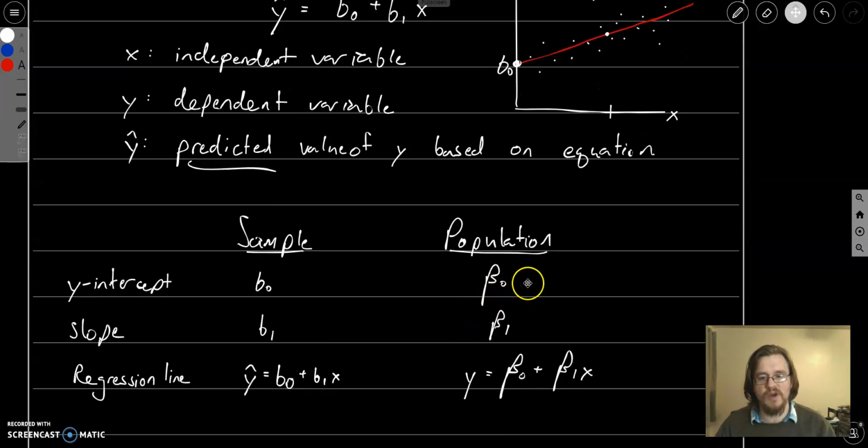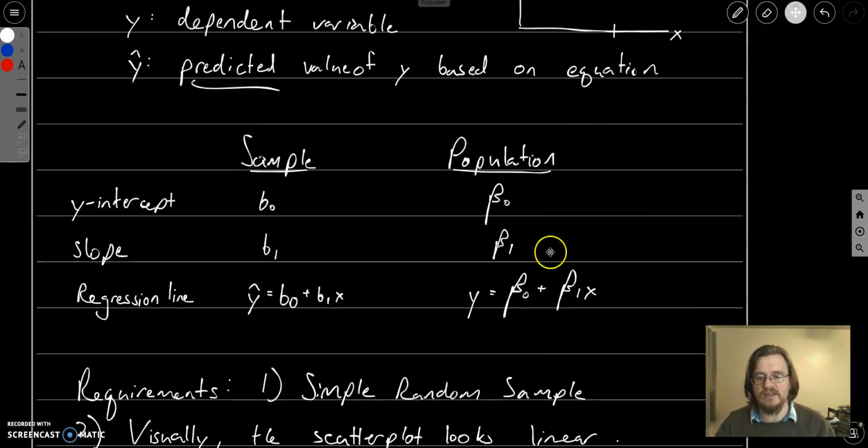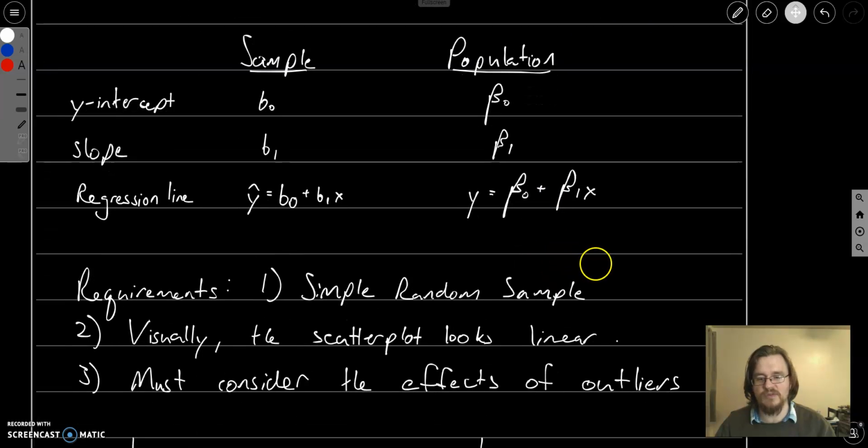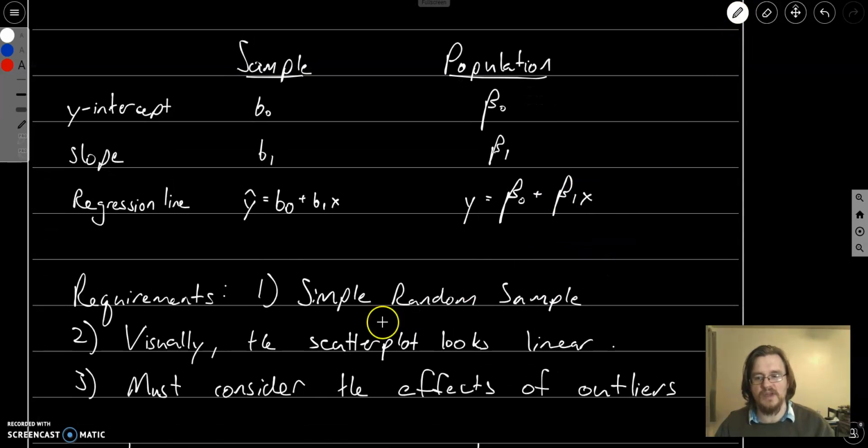So in order to really find these regression lines, there will be a couple of requirements, and let me go through those really quick. These are the same requirements as we've been seeing before. We require that our line is based off of simple random samples. And then 2 and 3, a lot like last time: visually, the scatter plot must look linear.